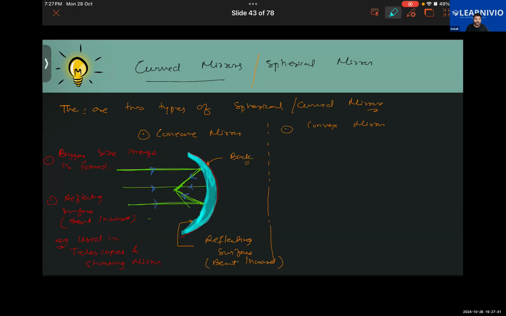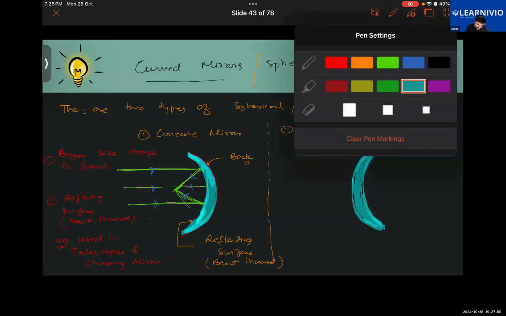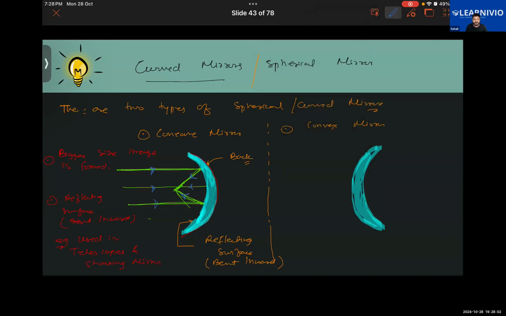Khadija is not here. Talking about the convex mirror, the reflecting surface will be bent outward. It will be bulging outward, so it will be kind of like this. Let us say that these are the rays of light that are falling on this.